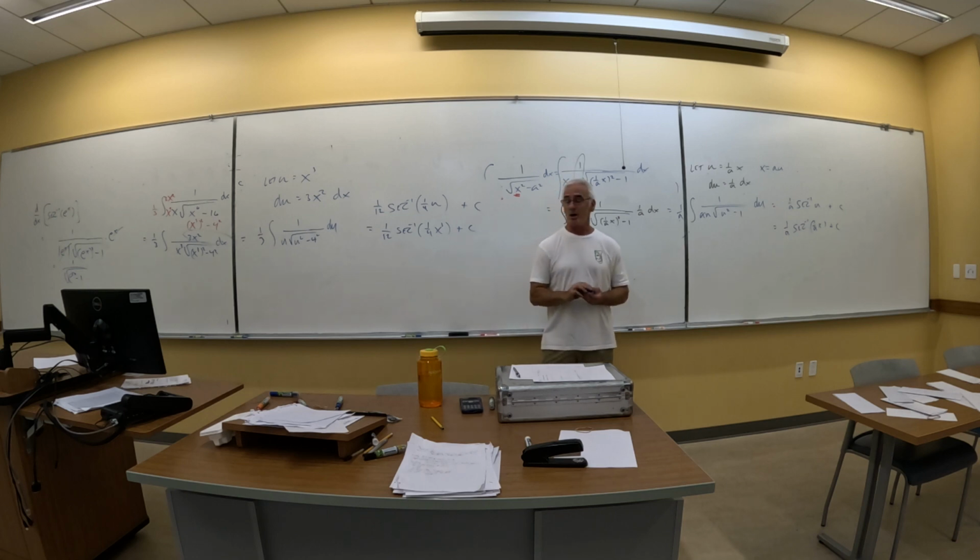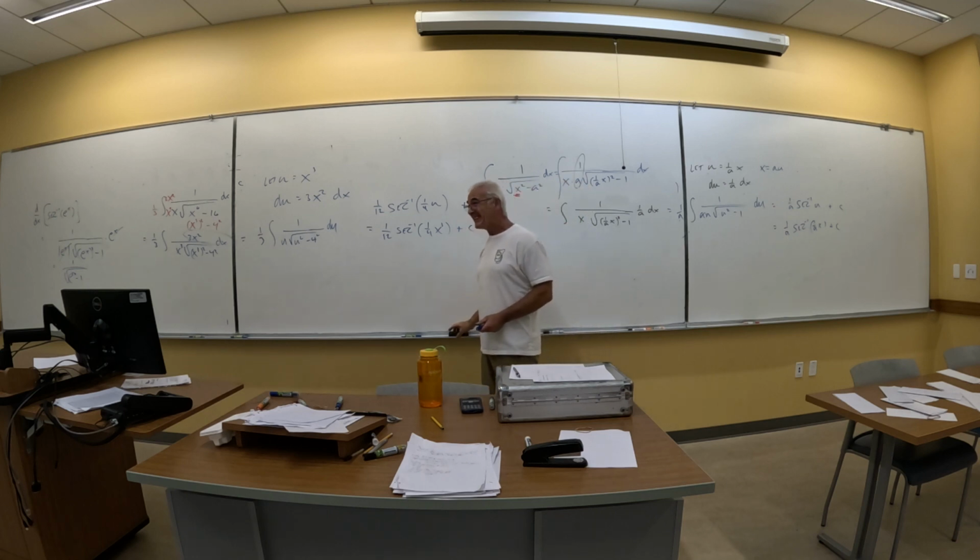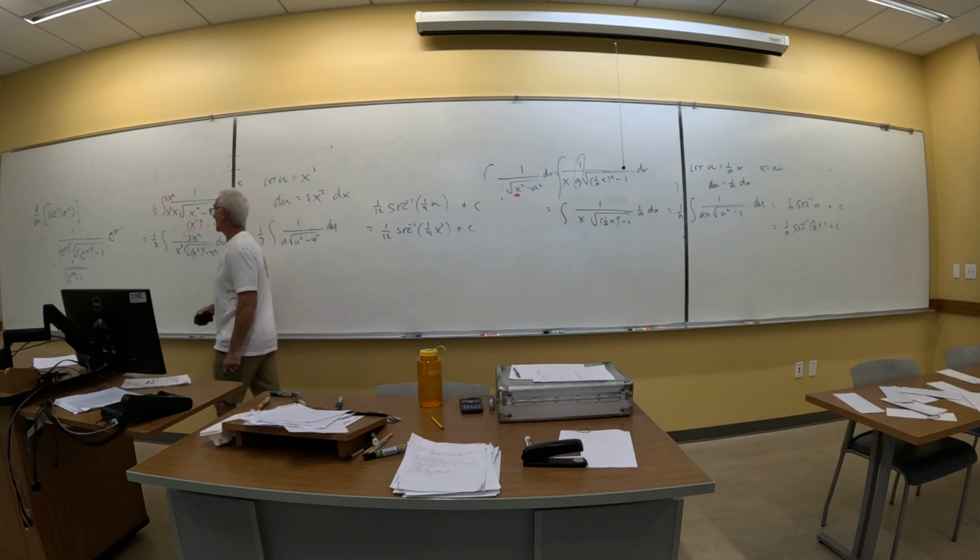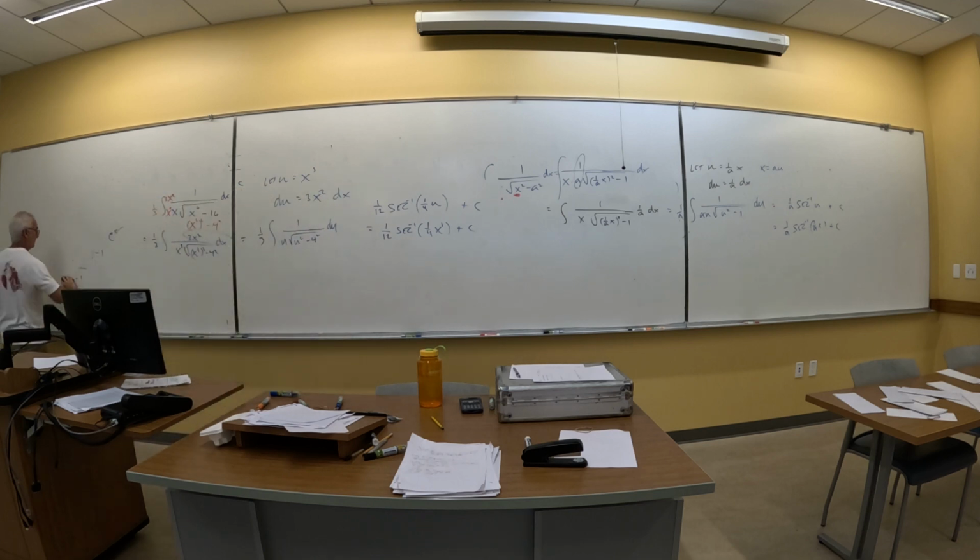Now, we're gonna finish off this with probably the least work of all, and that's, believe it or not, the hyperbolics. So, in class, we did the hyperbolic cosine of x, and we got the hyperbolic sine of x. We differentiated the hyperbolic sine of x, and we got the hyperbolic cosine of x.